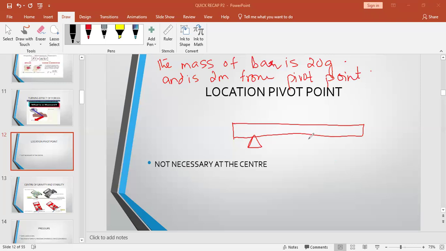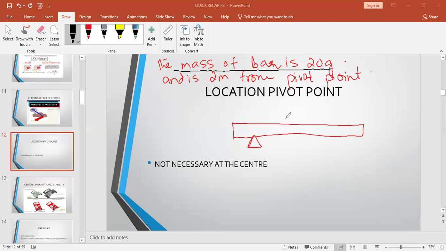So where will the mass of the bar be acting? I don't know the position of the force over here, but they gave me the information that the mass of the bar is 20 grams.